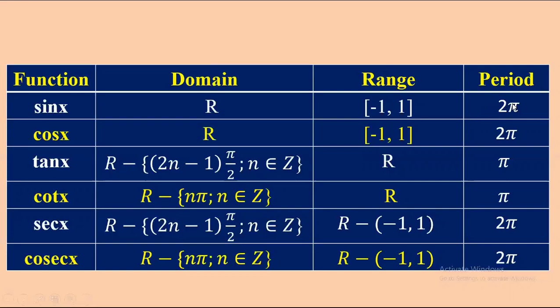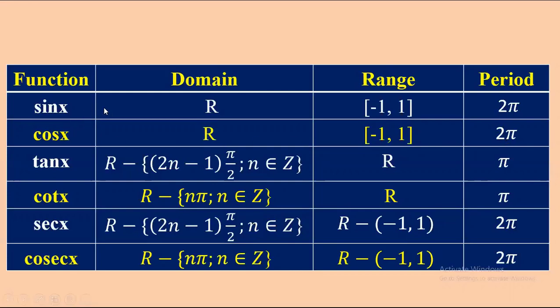Actually 4 pi is also a period, but we consider the least one as the period. Then cos x: the domain is R, the set of all real numbers, and range is from minus 1 to plus 1, in square brackets, that is minus 1 and 1 included, and period 2 pi.